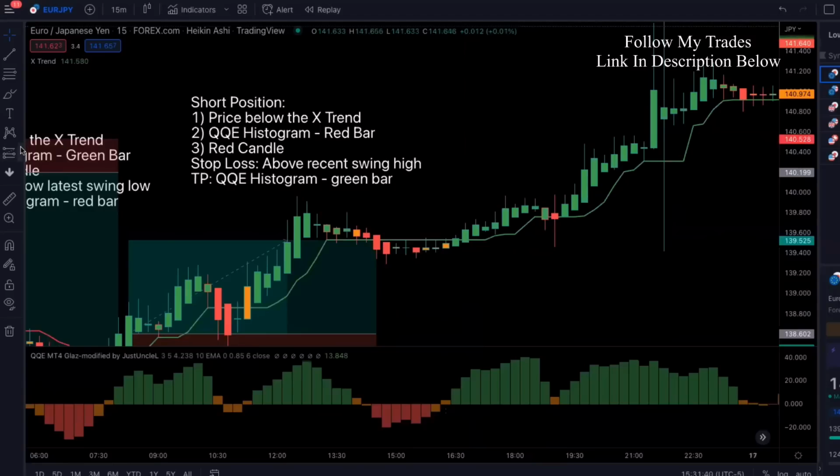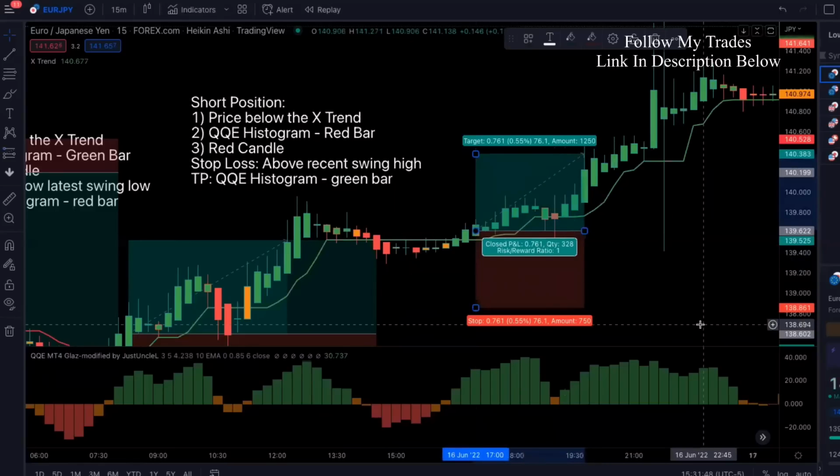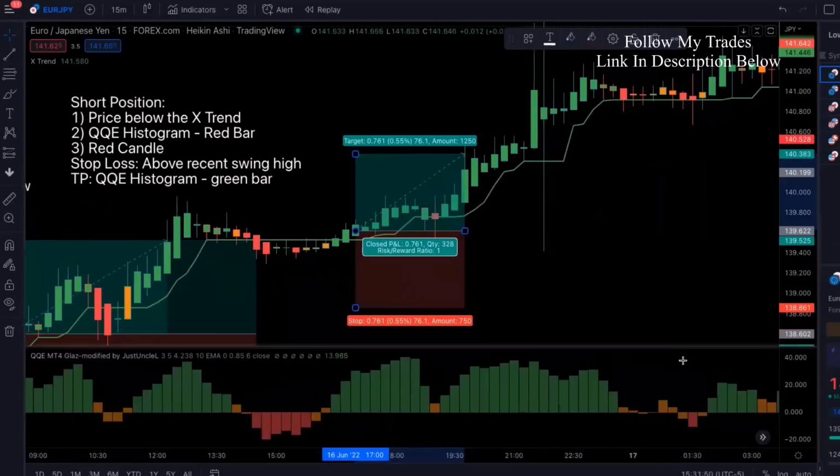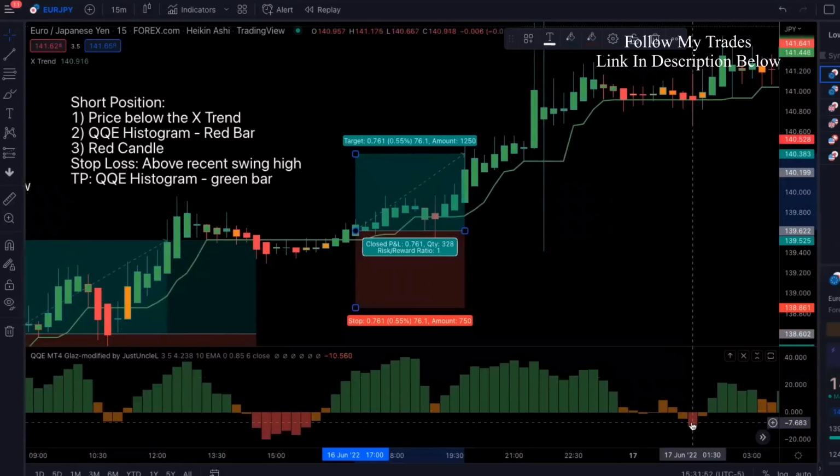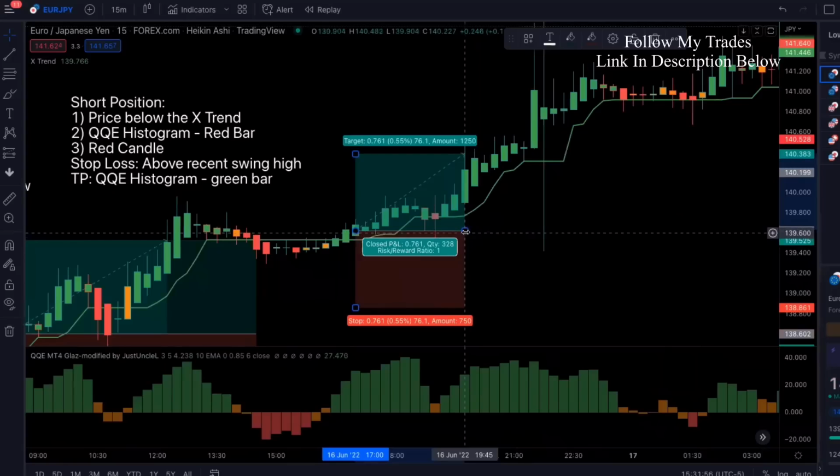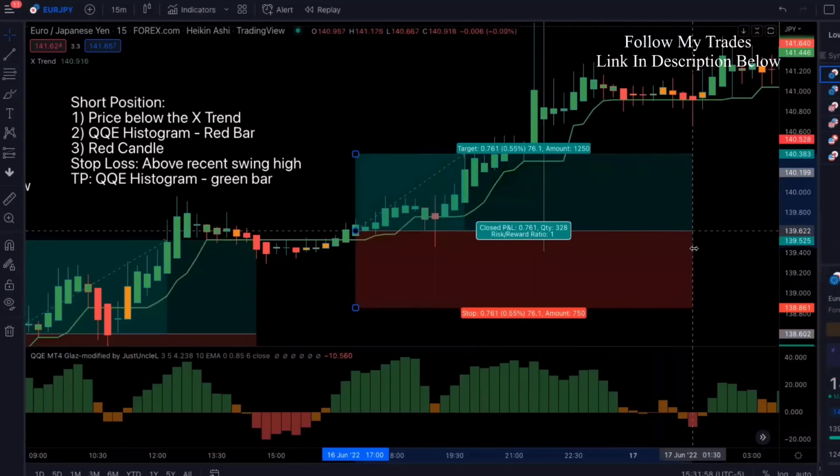So if you did that right here, you say you got in right here, right? And you would keep going until this candle right here where the QQE would show a red bar right here.